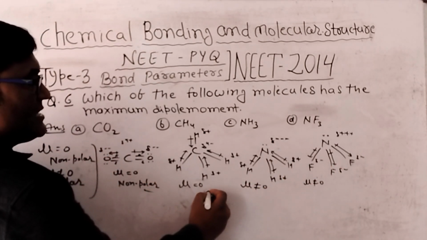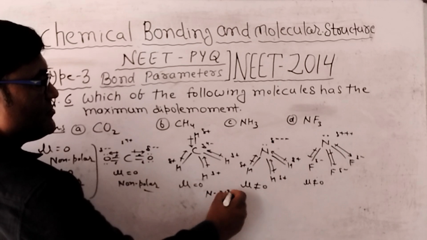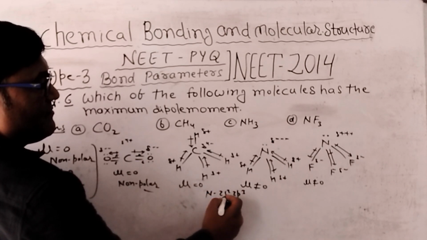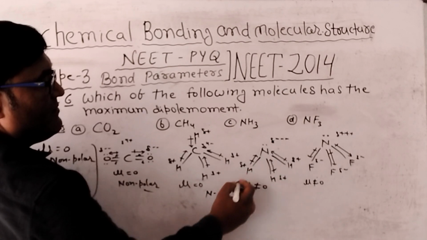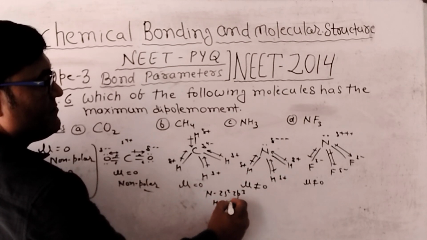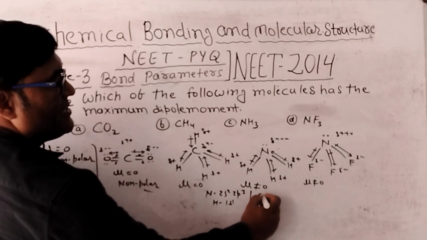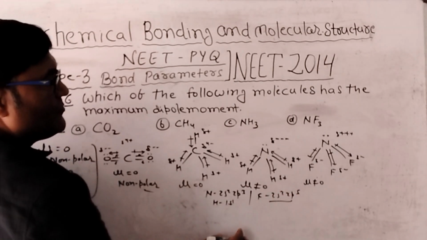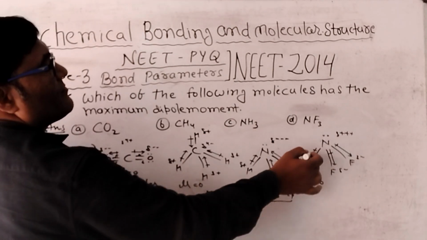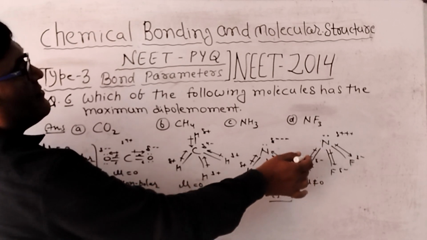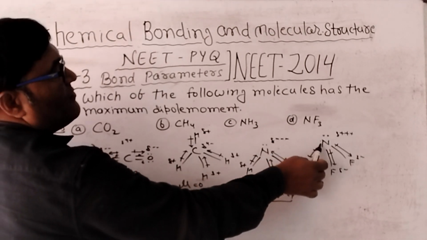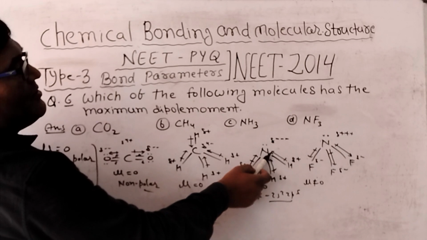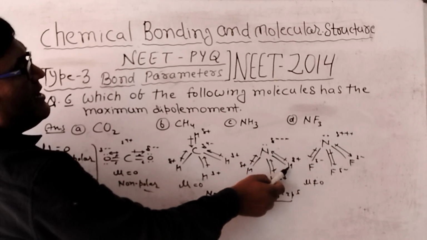For the central atom, last shell configuration of nitrogen is 2s2 2p3, when bonded with hydrogen the last shell configuration is 1s1, but fluorine's last shell configuration is 2s2 2p5. So the bond length of N and F is greater than the bond length of N and H.